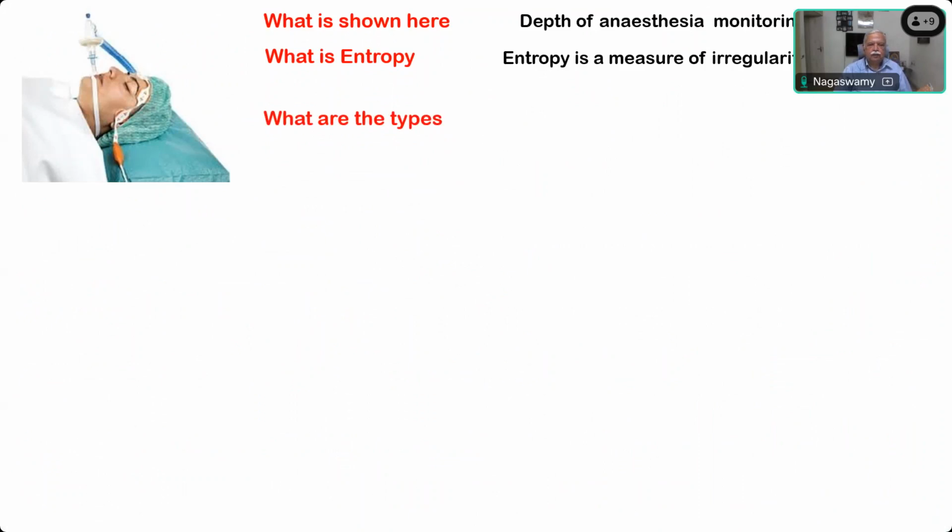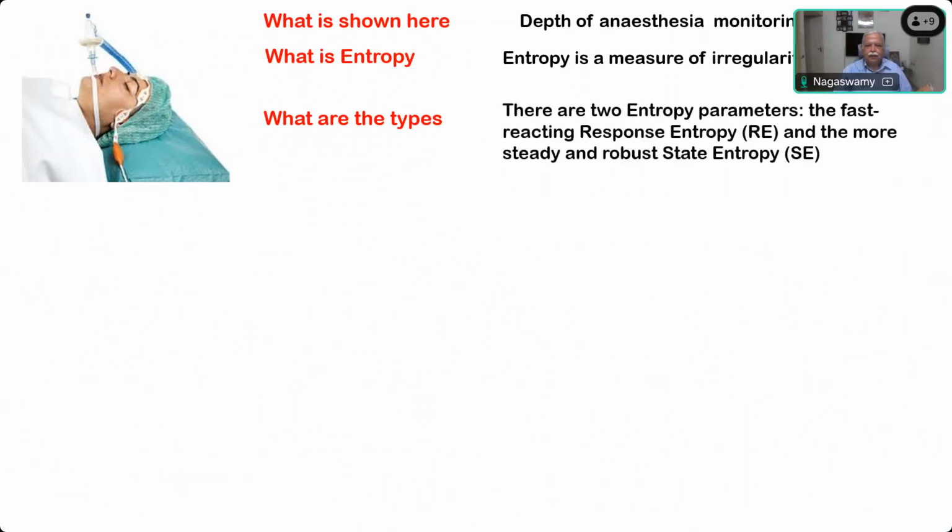What are the types of entropy? Response entropy and state entropy, RE and SE. Excellent. Very good.